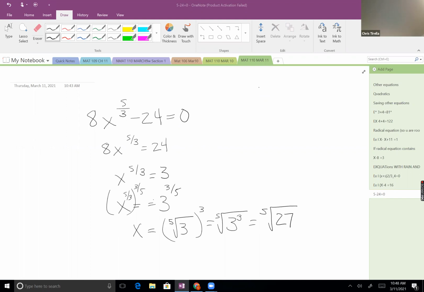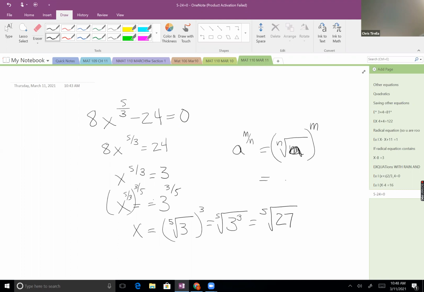Okay. All right. Then, did everybody get the 5th root of 27, or at least 3 to the 3/5? Yes or no? When we had something to a fractional exponent, we said that the denominator is the index, and the numerator is the exponent.